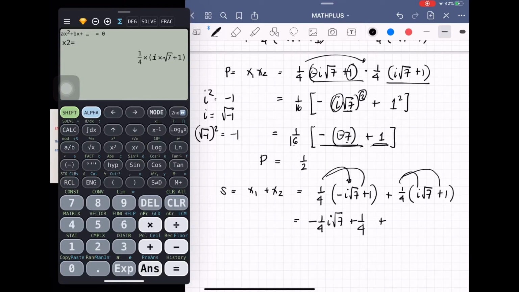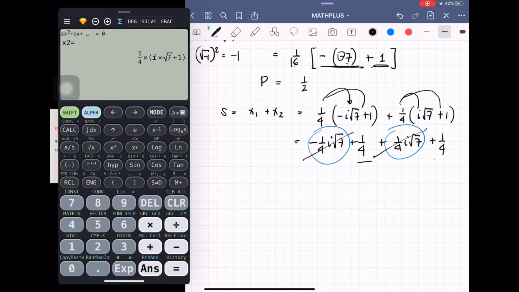For the second term, that would be positive 1/4 i square root of 7 plus 1/4. And as you can see, these two terms are similar but opposite in sign. So that means by addition, they will be cancelled. Therefore, you're left with 1/4 plus 1/4. That's 2/4. And 2/4 is actually 1/2. Therefore, we conclude that the product is indeed equivalent to the sum.